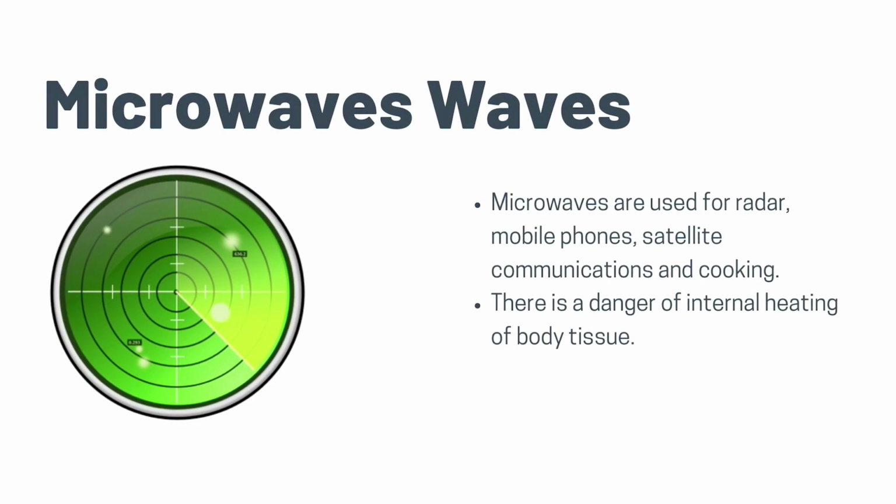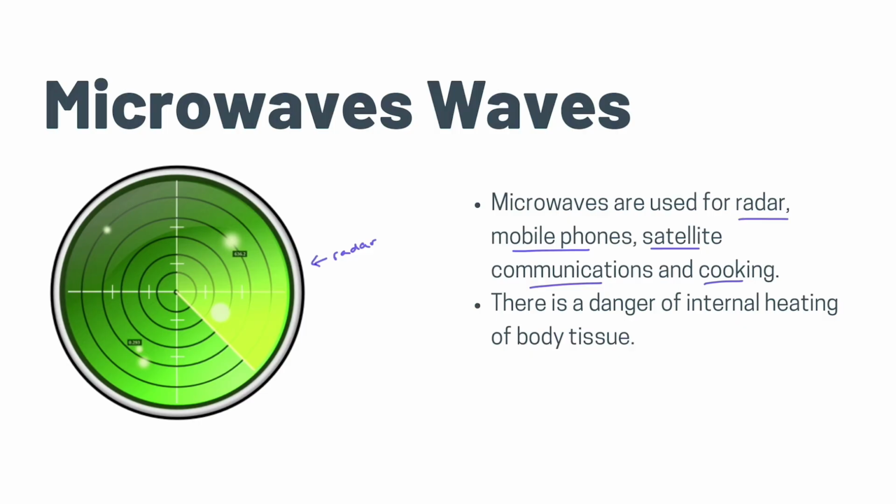Microwaves, we're spicing things up a bit here, used for more things. They're used for radar, which is a radar here. Get them in a control tower for an airplane. Mobile phones, we can't live without them, can we? Satellite communications and cooking. You should know these 4 uses of microwaves.